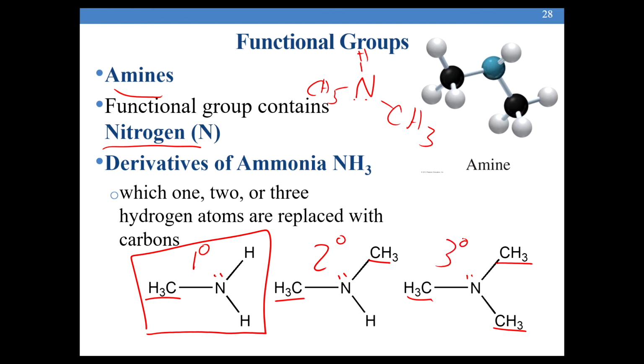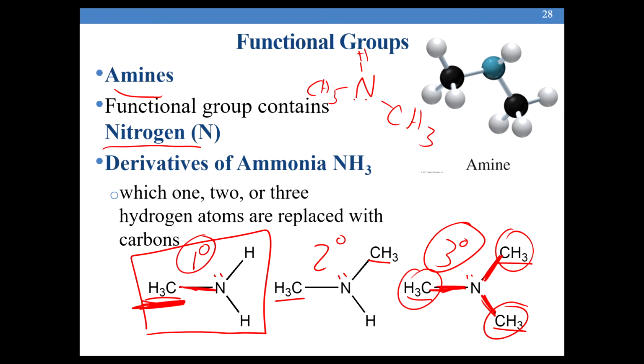It just means that of the three bonds, and remember nitrogen has a bonding pattern of one lone pair and three bonds, in the tertiary all three are carbon groups, whereas in the primary only one of the three bonds is a carbon.